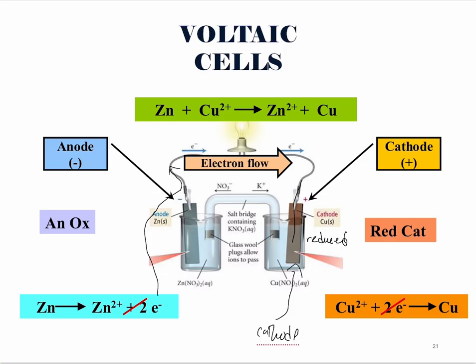If we're depositing copper metal atoms, a larger surface area gives you more places to deposit them. So the anode is where oxidation happens, and red cat, reduction happens at the cathode. Electrons flow from negative to positive, but the current is defined in the opposite direction because they wanted to make it confusing.